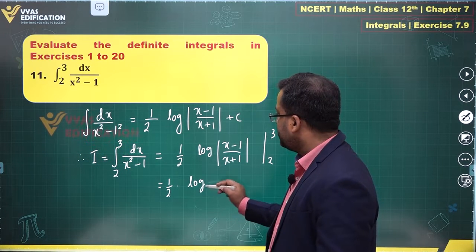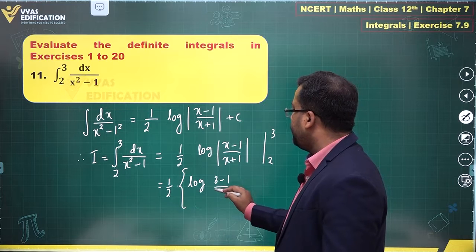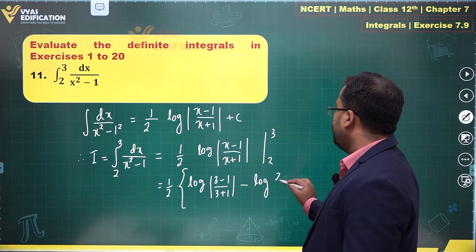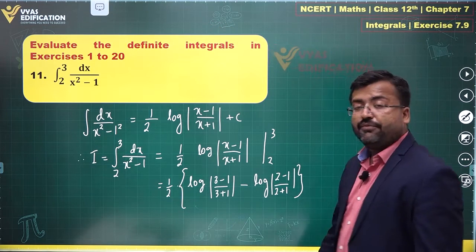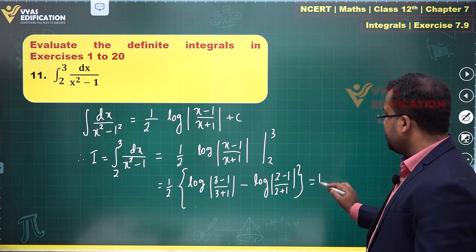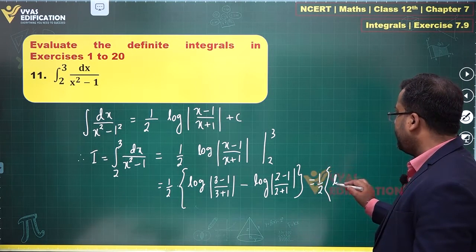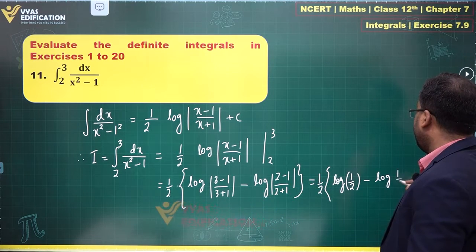Substitute these values: log of modulus 3 minus 1 upon 3 plus 1 minus log of modulus 2 minus 1 upon 2 plus 1. So 1 by 2 remains as it is, and in the curly bracket you have log of 2 by 4, which is log of 1 by 2, minus log of 1 by 3 is what you get.